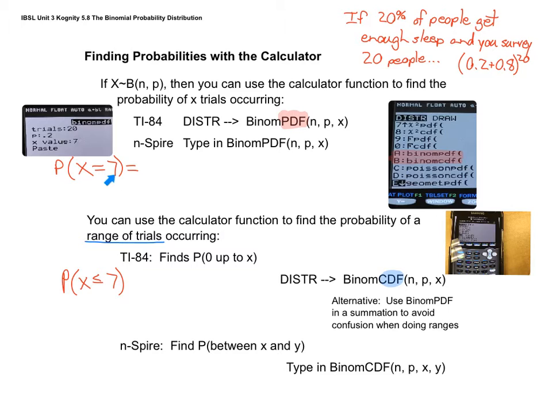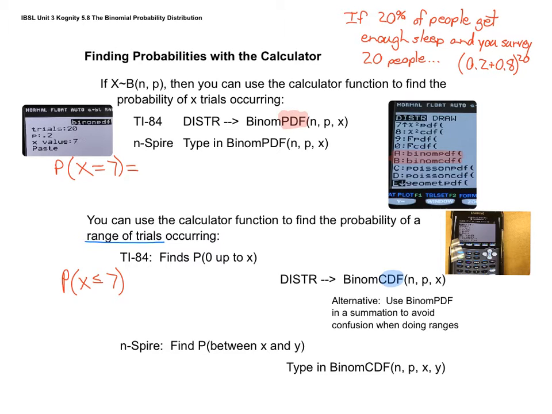So I use binomial PDF. I plug in 20 for the number of trials because that's how many people I surveyed. I put in 0.2 because that's the probability of finding someone who did get enough sleep. And then I type in 7 because that's how many people I wanted to have enough sleep.